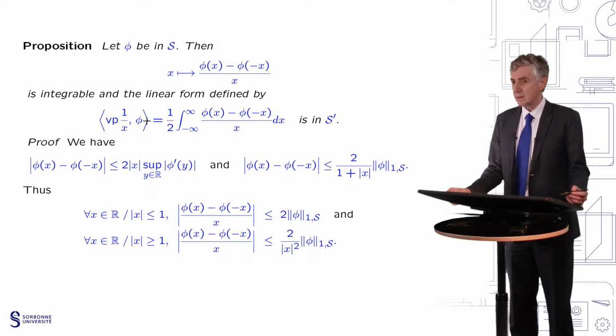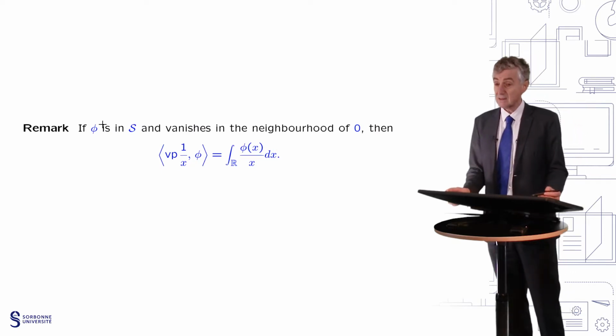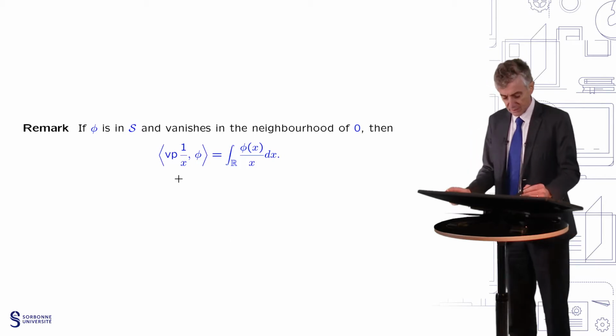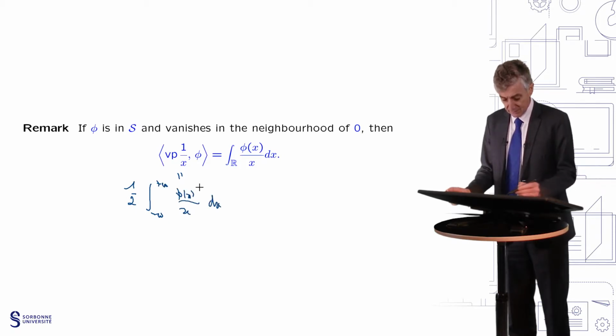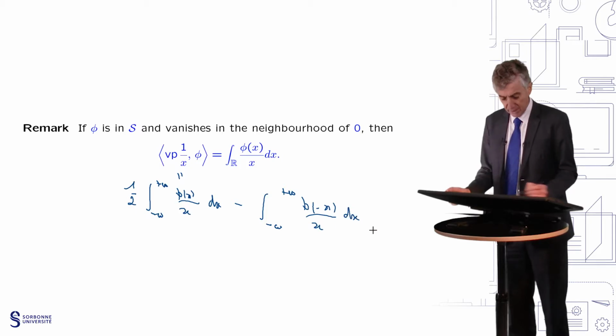And one interest of this distribution is the following. Consider a function phi in S which vanishes near 0. Then the integral of phi of x divided by x, which is here one half of the integral, you can write it like this, the integral of phi of x divided by x. Both are integrable. Okay?